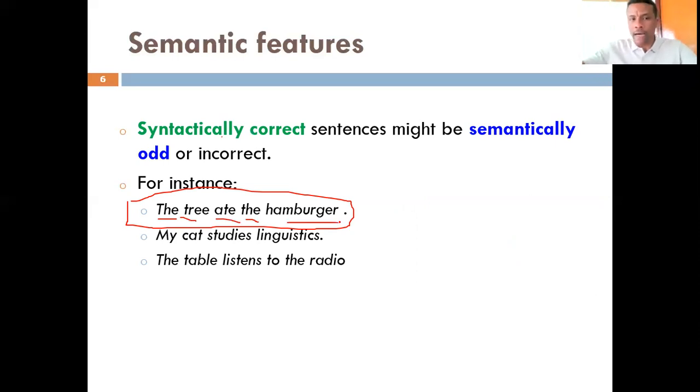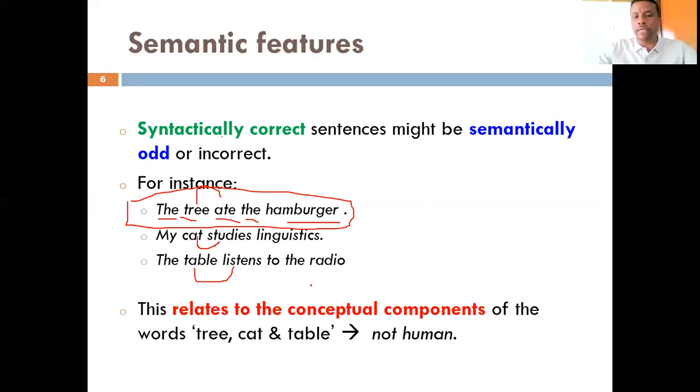This order is allowed, but it is semantically wrong because we know that a tree cannot eat, a cat cannot study, and a table cannot listen. What we call a semantic feature is the relationship that makes it wrong. We know that tree, cat, and table are not human beings, which means they cannot perform the action of eating, studying, or listening in the respective sentences.